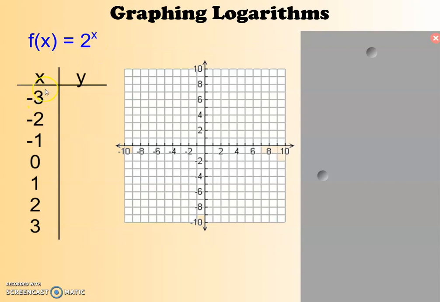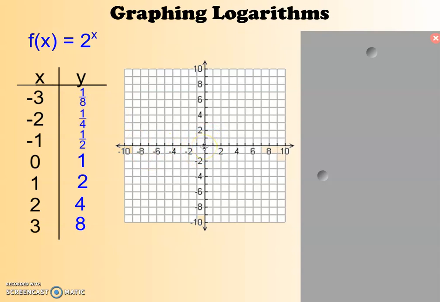When we put in -3, 2 to the -3rd is 1/8. 2 to the -2nd. Remember that negative exponent flips. 1/4. We get a half. 2 to the 0 always stumps kids. Don't get fooled. It's 1. 2 to the 1st. 2 to the 2nd. 2 cubed.